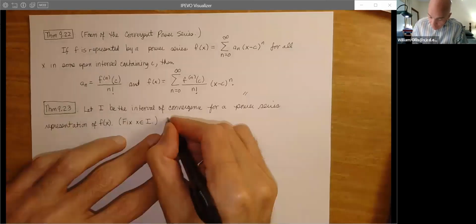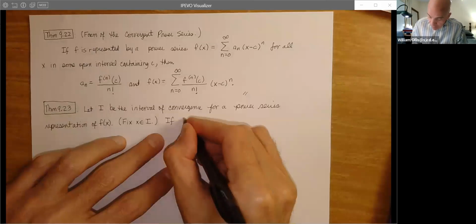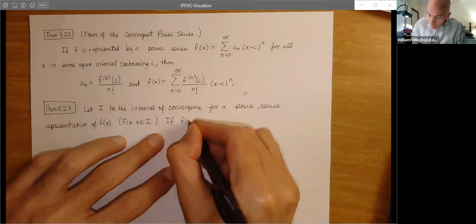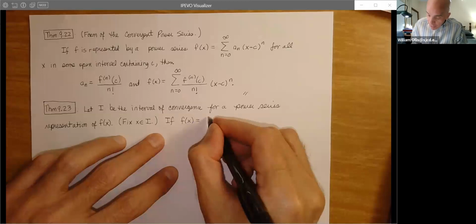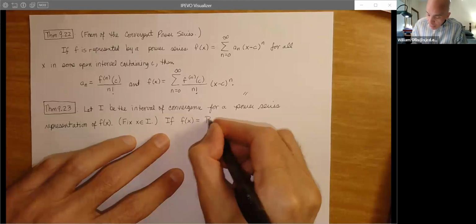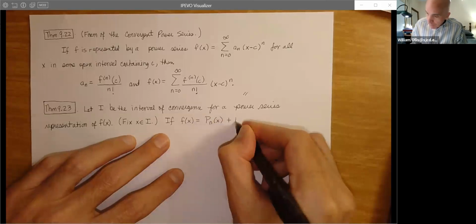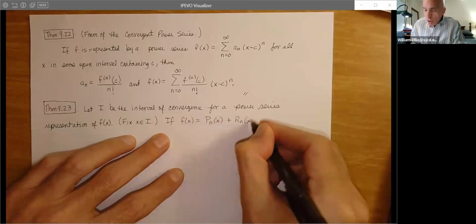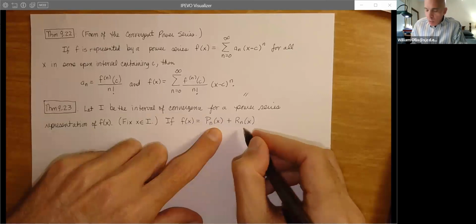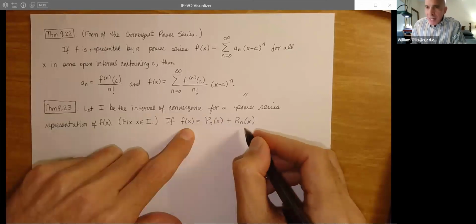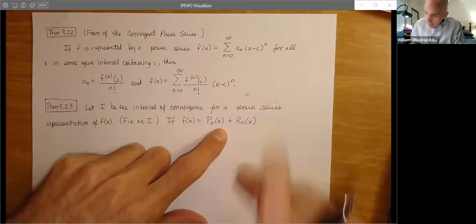If now we think of the Taylor polynomial, f of x equals the nth Taylor polynomial plus its remainder. So we know we can do this as long as f is well behaved.